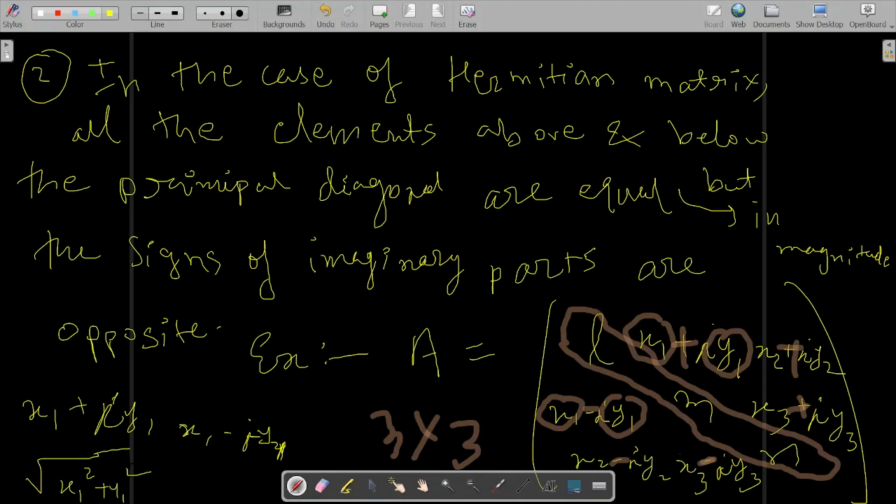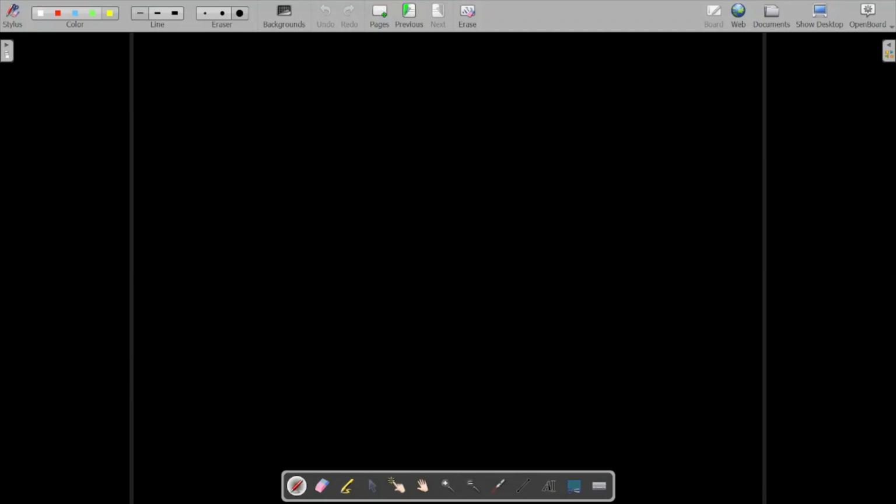This will be the magnitude of both of them. So they are equal in magnitude, but the signs of imaginary parts are opposite. Okay, this is y1 by the way. So this is property number 2, which all of you must remember.